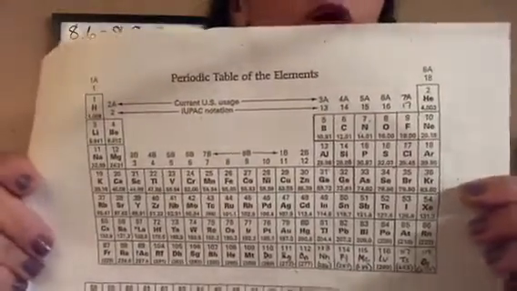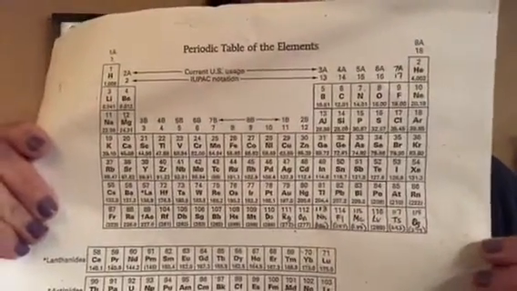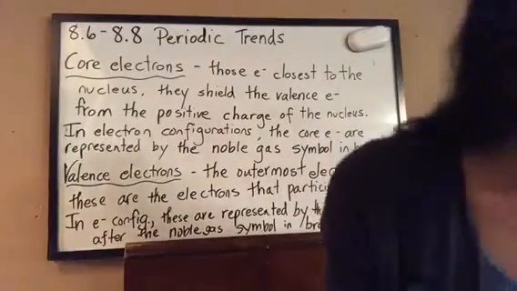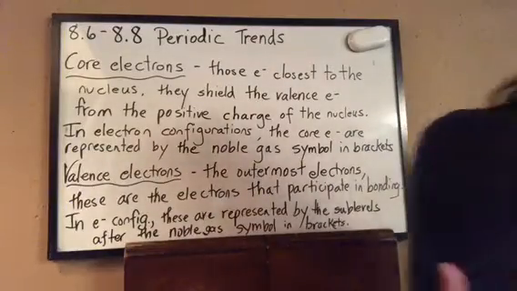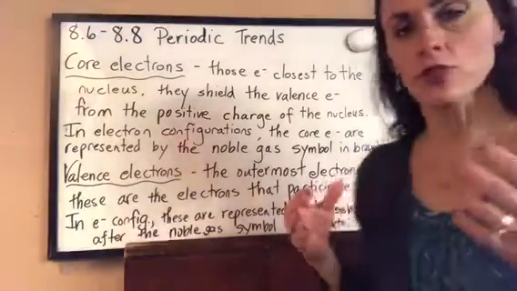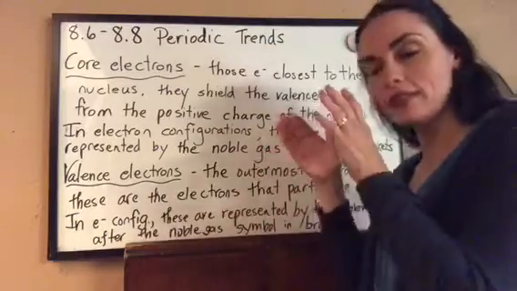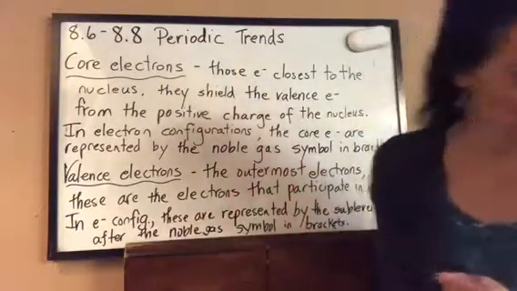And the 2 core electrons would be represented by the helium symbol in brackets. So we're talking about periodic trends, but we need to keep in mind things like valence electrons and the fact that the core electrons sit between the nucleus and the outermost valence electrons.